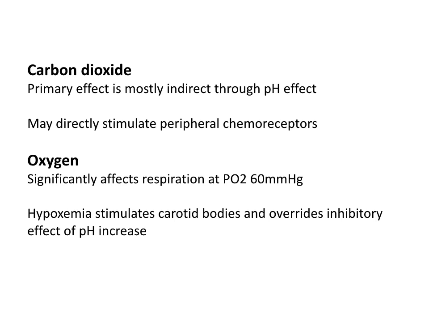However, CO2 may directly stimulate your peripheral chemoreceptors and trigger an increase in ventilation. Now, oxygen really does not significantly affect respiration unless the partial pressure of oxygen drops below 60 millimeters of mercury. So oxygen is not the strongest signal with regards to affecting respiration.